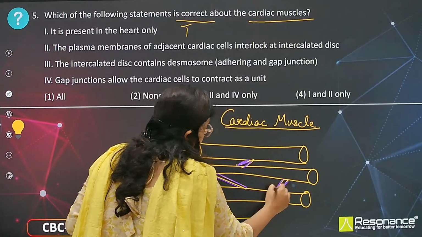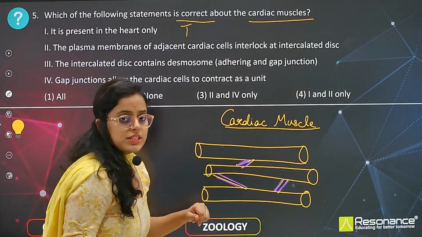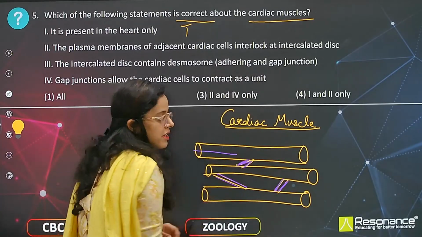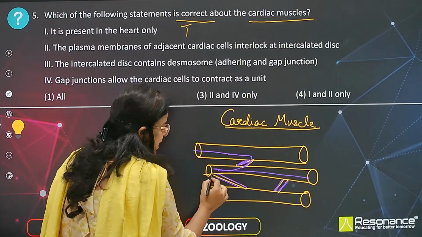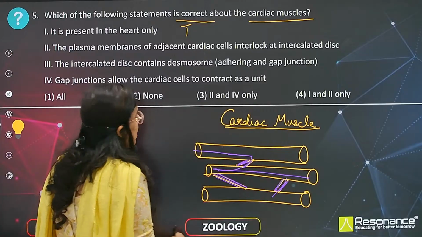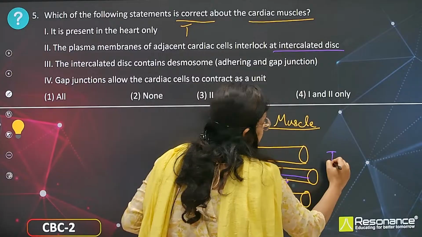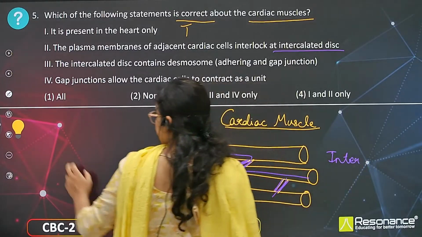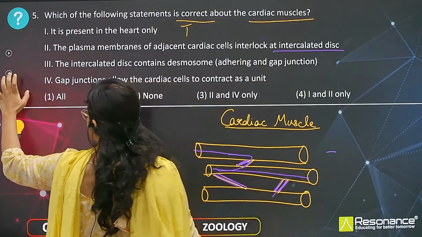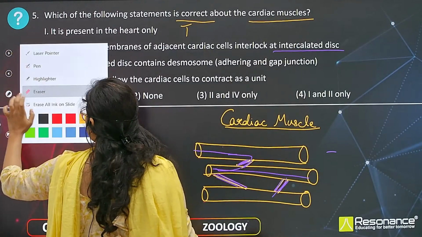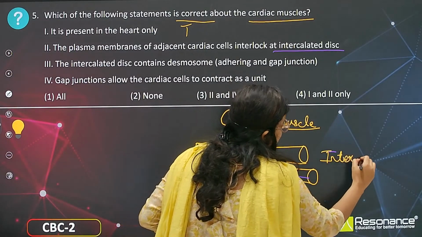Because if some nerve ending is connected to this muscle, and this muscle is under contraction, the stimulus is transferred to this muscle directly through these branches, and these branches are called intercalated disc.